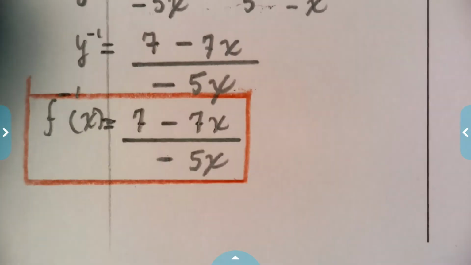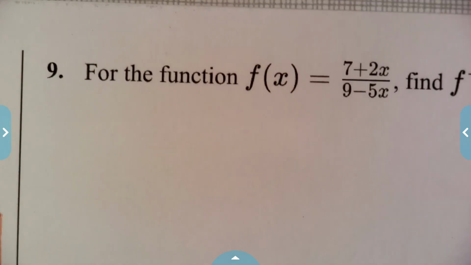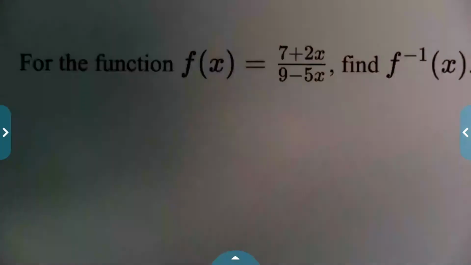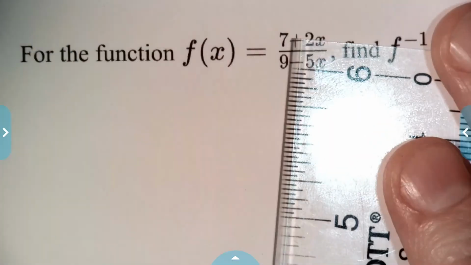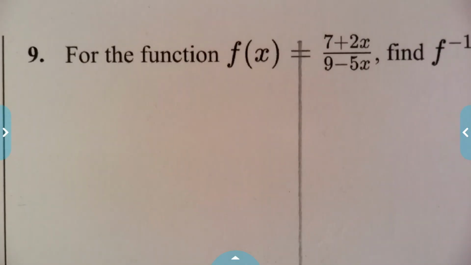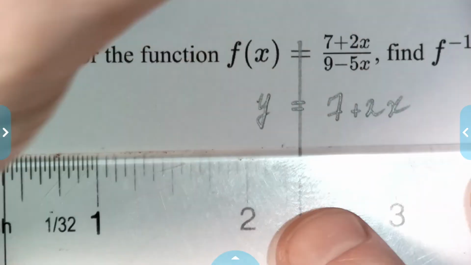All right, now we're moving on to what looks like the boss fight. We'll see how this goes. All right, so this is number 9. And first I'm going to write this as y equals 7 plus 2x over 9 minus 5x.